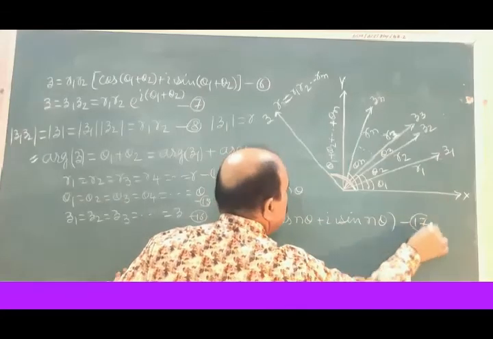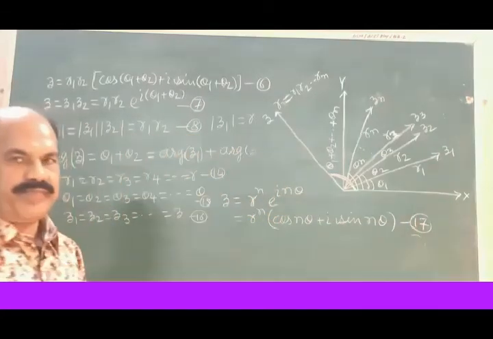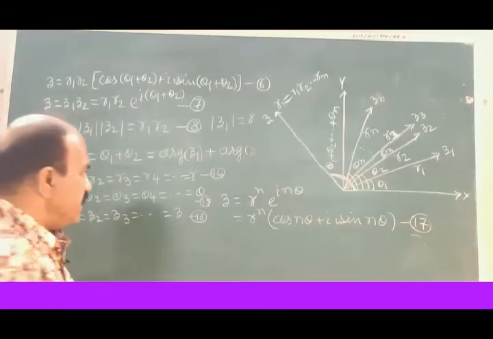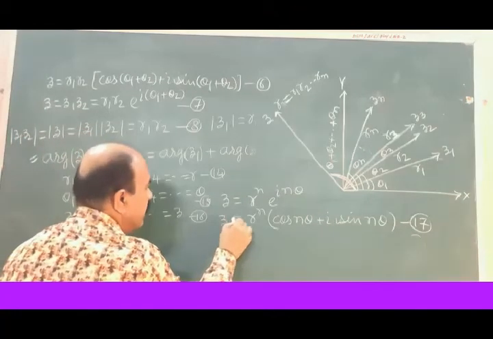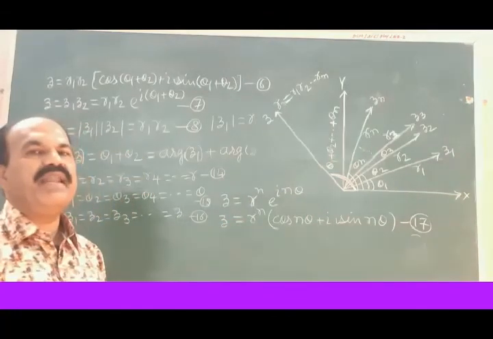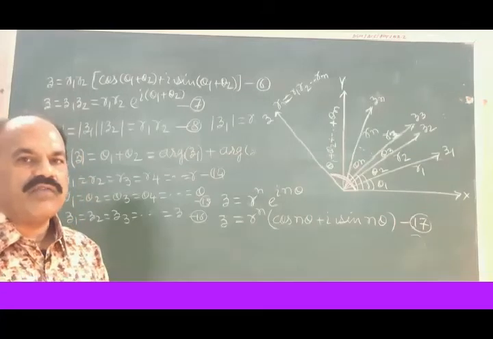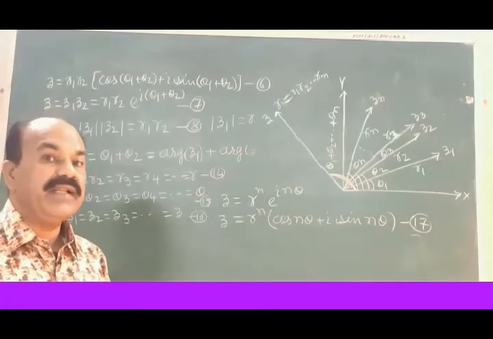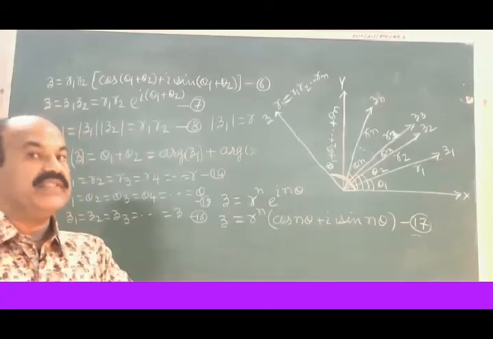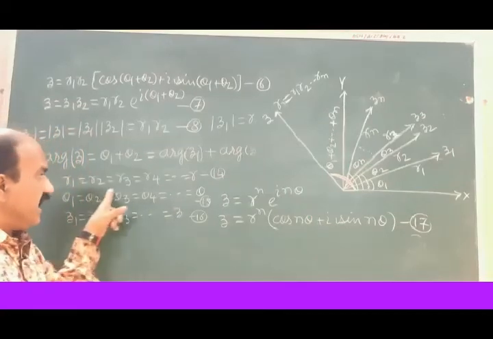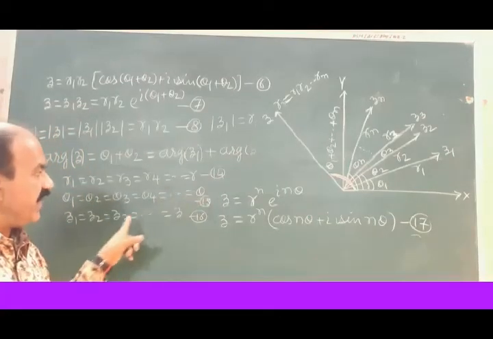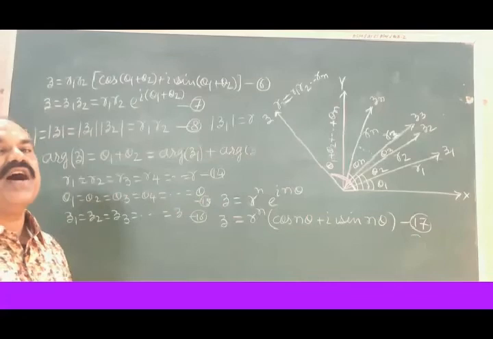Equation number 17. This will be the simplest form of product of n complex numbers if and only if equations 14, 15 and 16 are true.